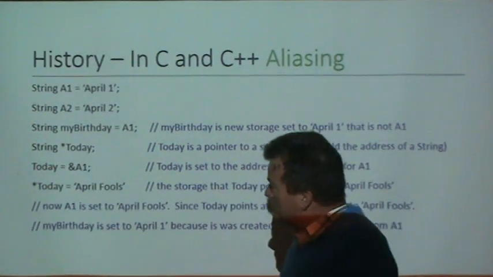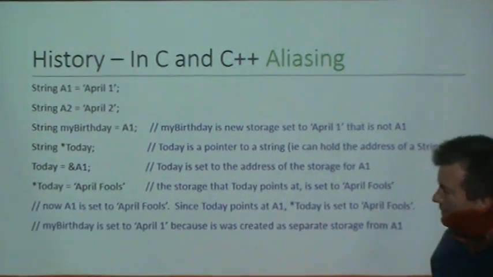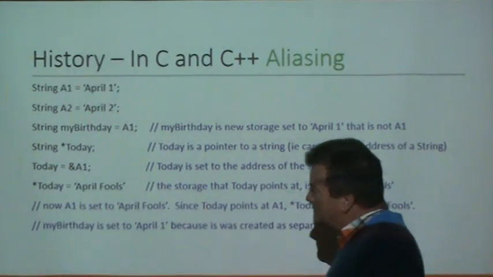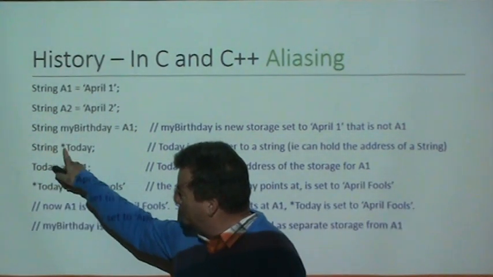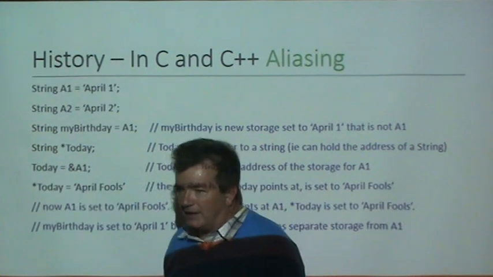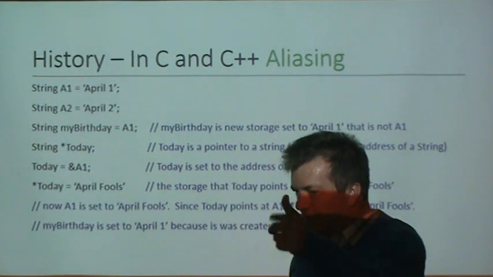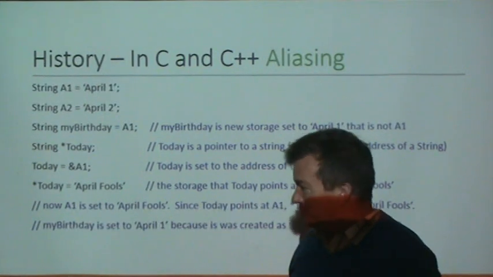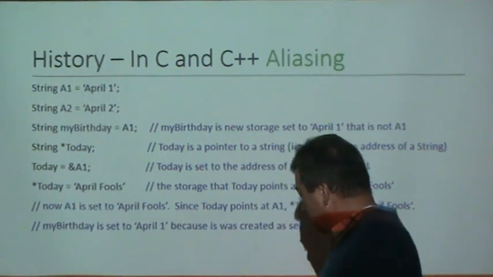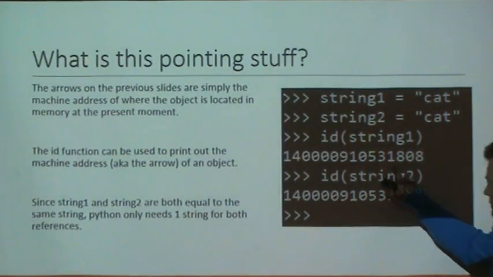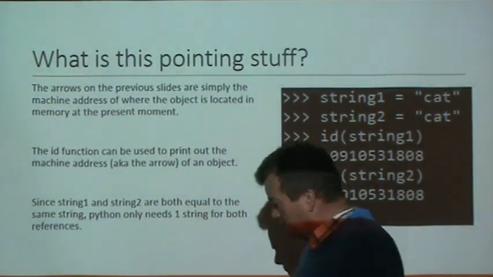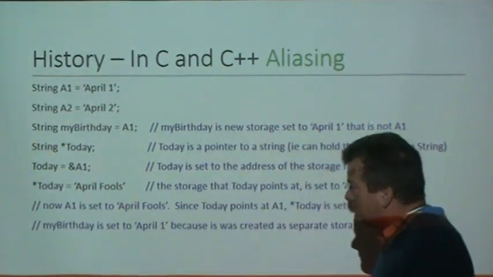In C and C++, you can do this. If you put a star in front of a variable name, you're saying this is a pointer to a value. And the pointer basically means the address, the location in computer memory where the thing exists.